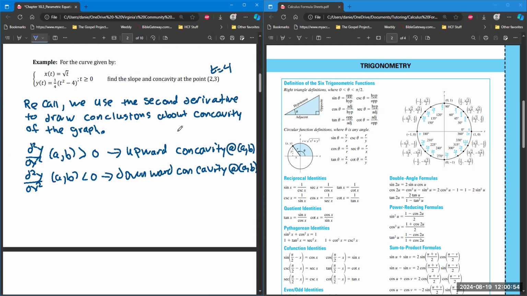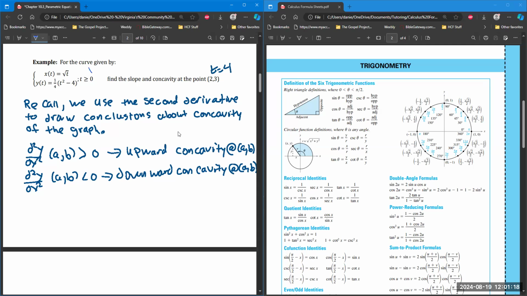Let's go ahead now and talk about the curve given by the equations x of t is equal to the square root of t, and y of t is equal to 1/4 of the quantity t squared minus 4. And t has to be greater than or equal to 0 because of the domain here for x of t.